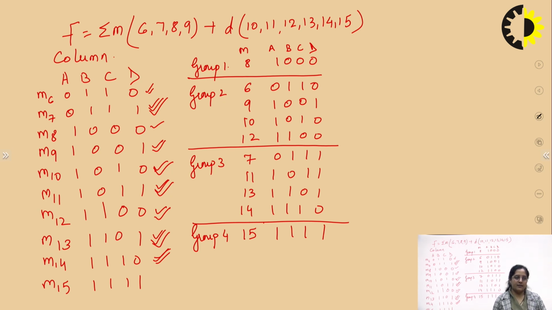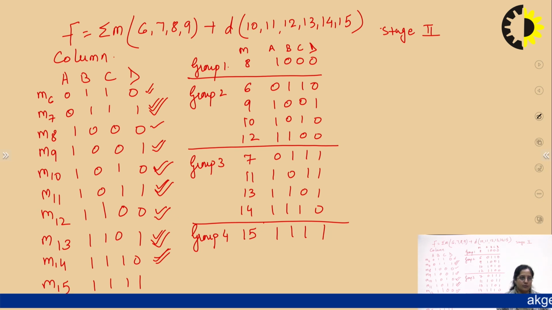Now the next step is we have to compare and make pairs. So in the second stage, stage 2, we have to compare and find a single bit change between two adjacent min terms and make a pair.